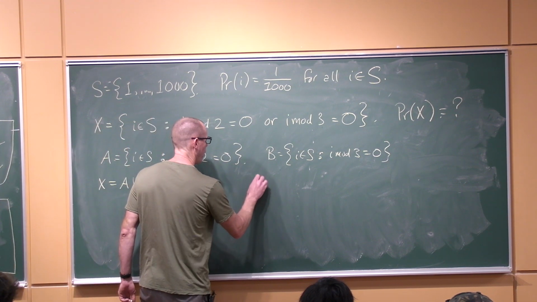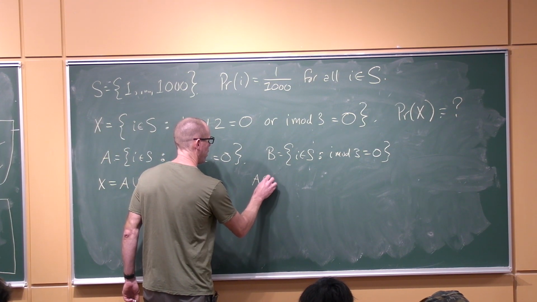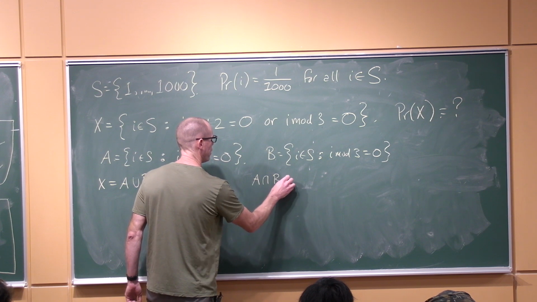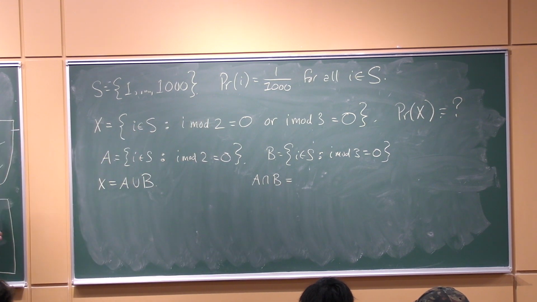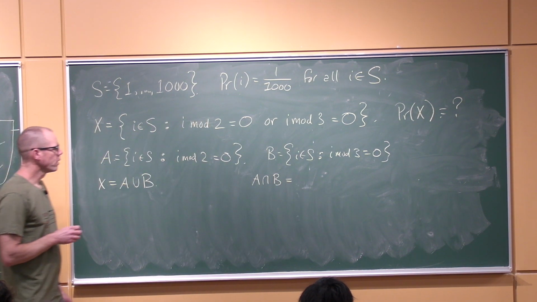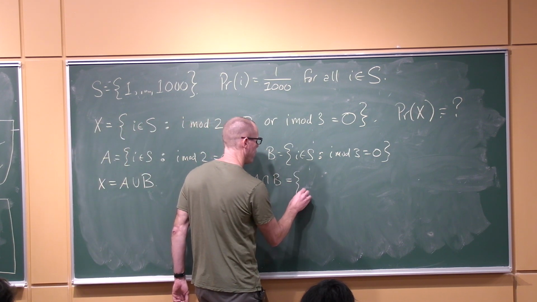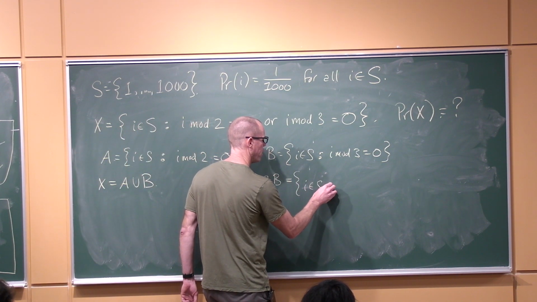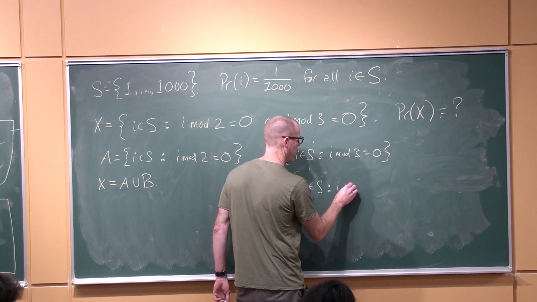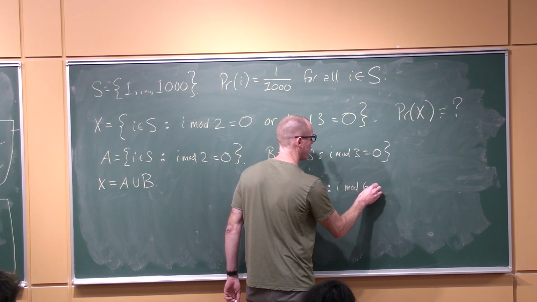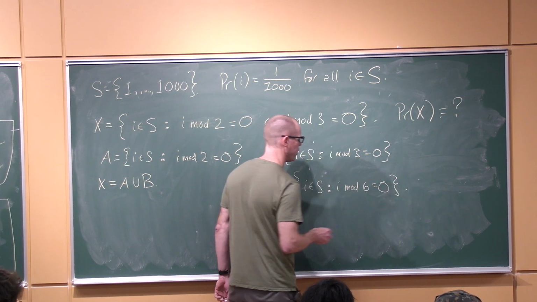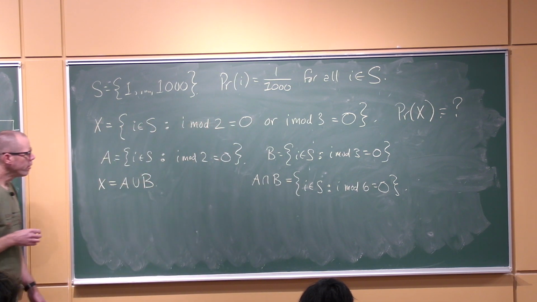And so what is common? What is this set A intersect B? Well, this is the set of i in S such that i mod 6 equals 0. Right?